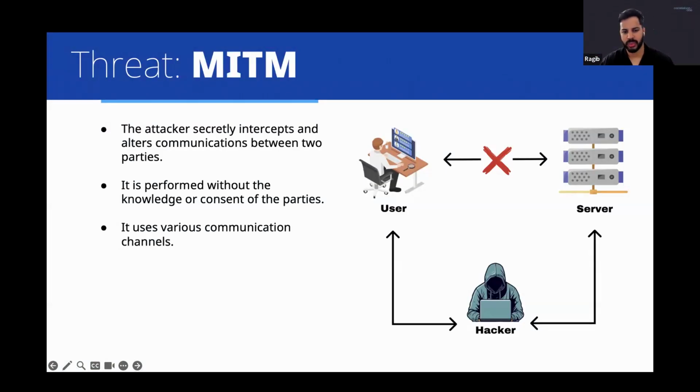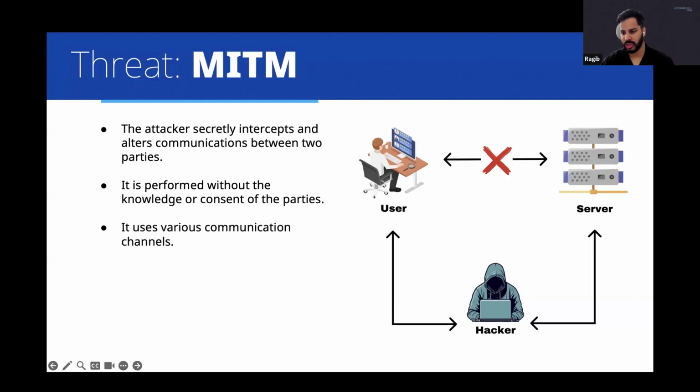As an example of how it works, imagine you're trying to send a private message to your bank. Normally that message goes straight to your bank's server. But with a MITM attack, someone is sitting invisibly in between, reading and potentially changing everything you said. The scary part is you have no idea it's happening.